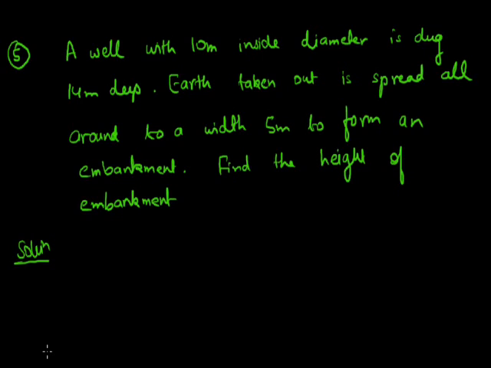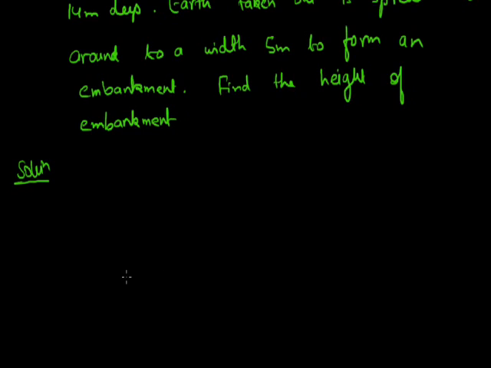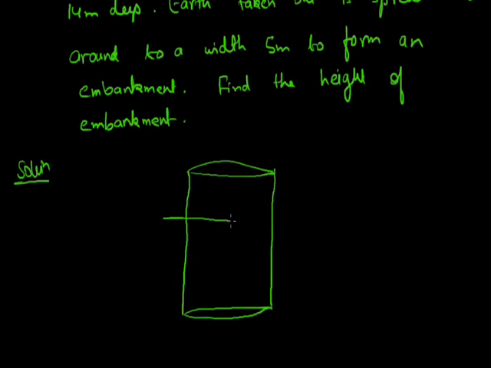First we need to analyze that as the well is dug out, the shape of the dug well will be cylindrical, and the embankment that is formed is also of cylindrical shape. So this is a well which is in the cylindrical shape, and around it an embankment is formed.